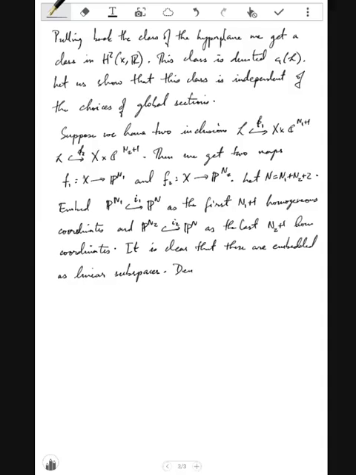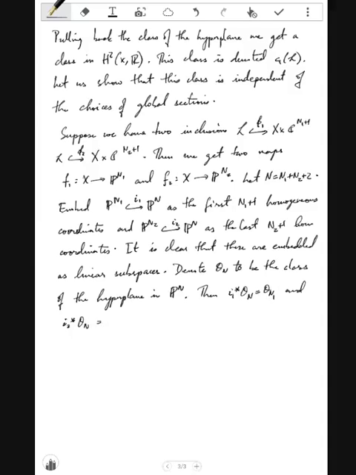So denote theta_n to be the class of the hyperplane in P^n. Then it is clear that i_1^* theta_n is theta_{n_1} and i_2^* theta_n is theta_{n_2}.